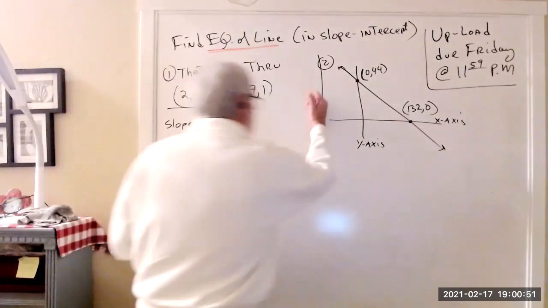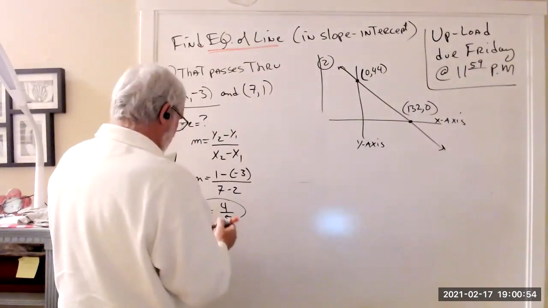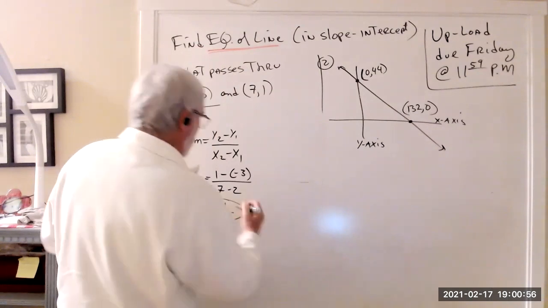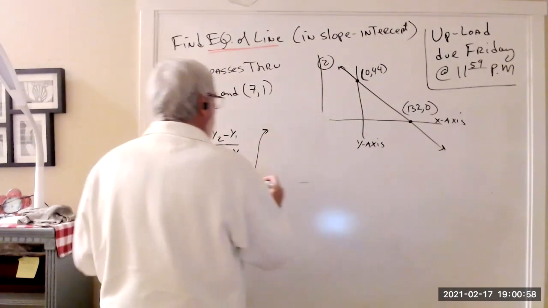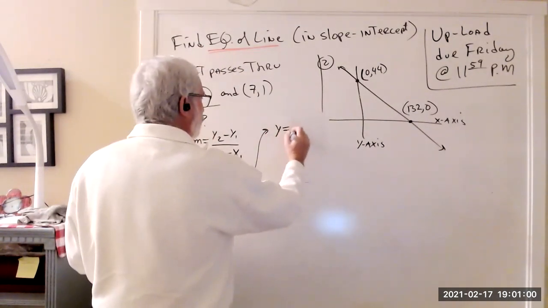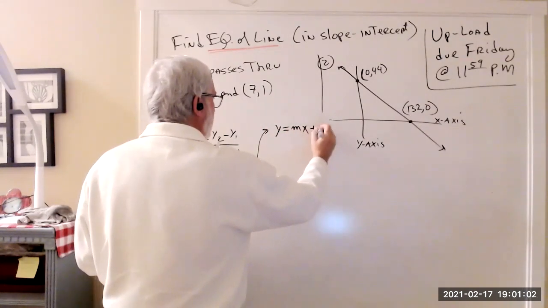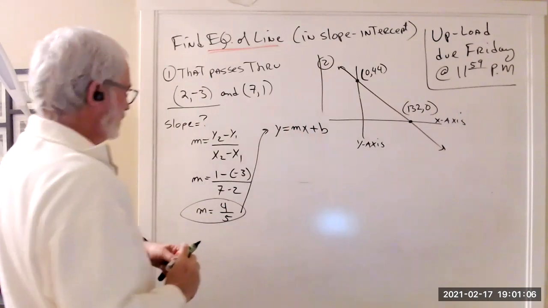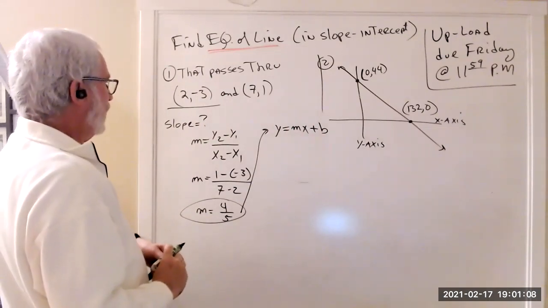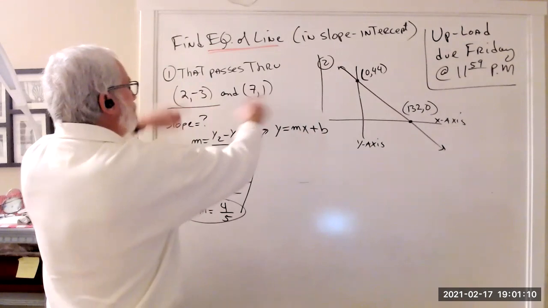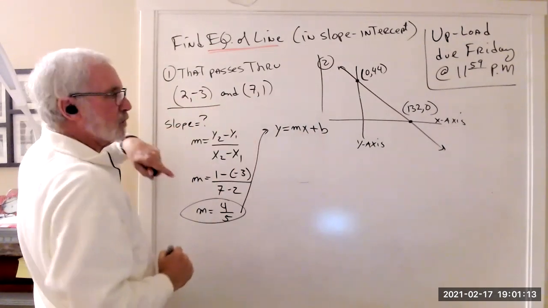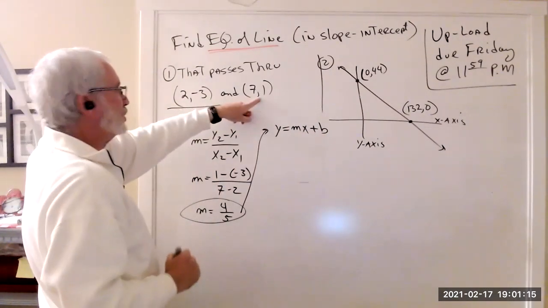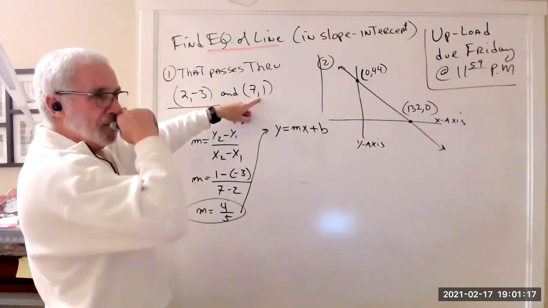It wants the equation of the line. So, again, we did this last night. We take the slope and plug everything we can into the slope intercept formula, y equals mx plus b. I have two points, so you take your pick, whichever one you want. I would choose this one because it's got positive numbers.